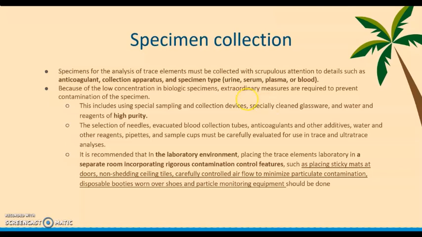Dito, mga anak, makikita natin na kailangan makontrol natin yung mga environmental factors na pwedeng mag-cause ng inaccurate results natin. As we all know, ang ating pong mga specimen ay trace element. Ibig sabihin sila po ay napakakonti.